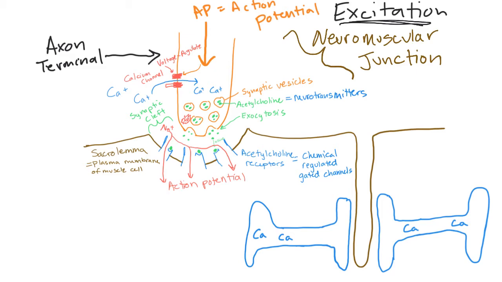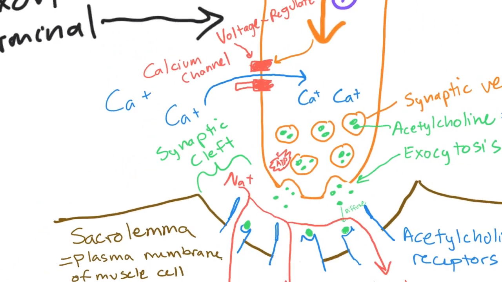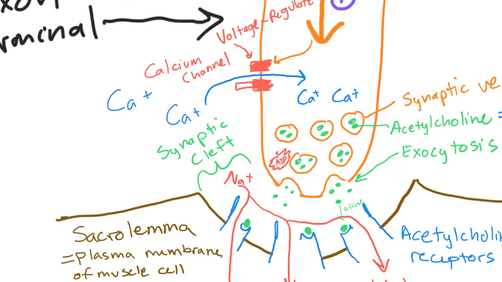So let's just number through these. Give myself a unique color here, purple. Here's step 1. The action potential. Here's step 2. The channel opens, calcium rushes in.